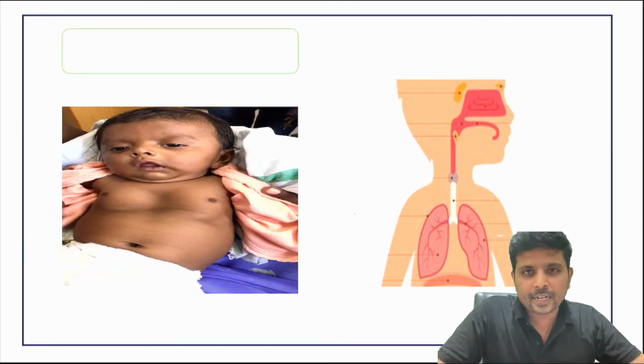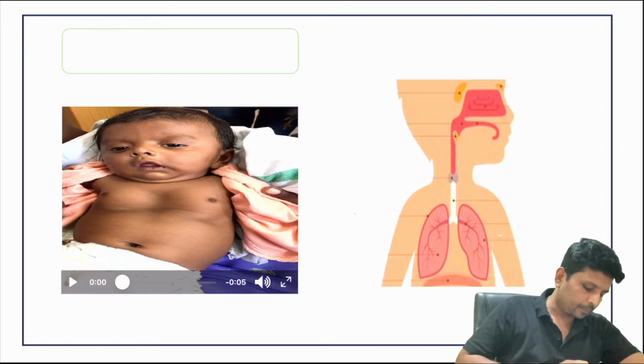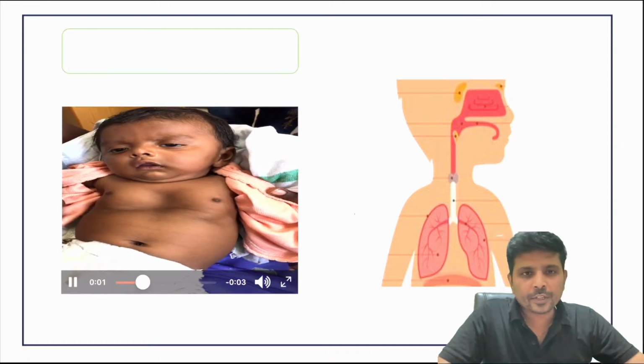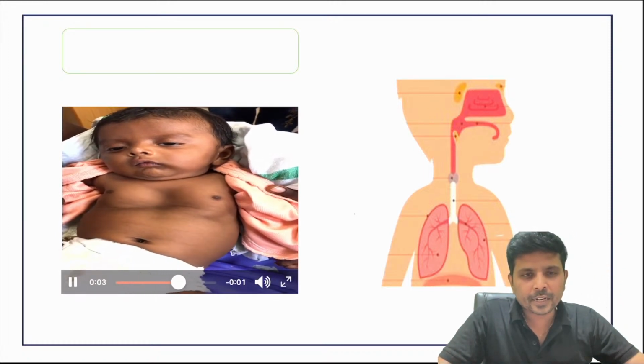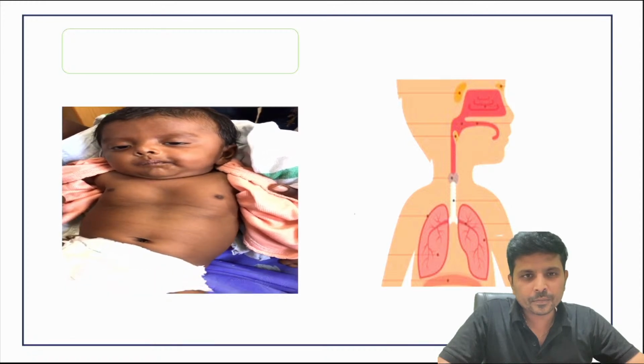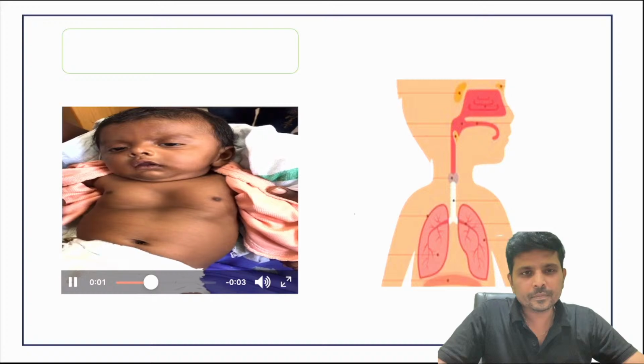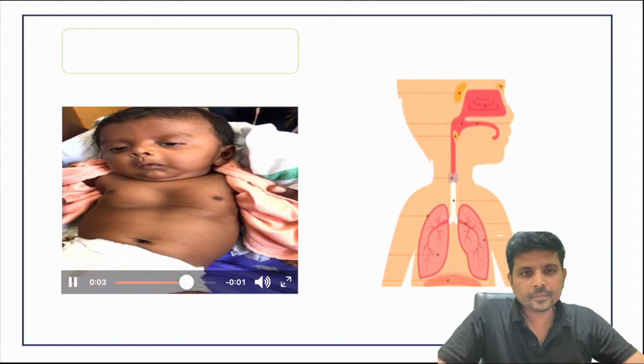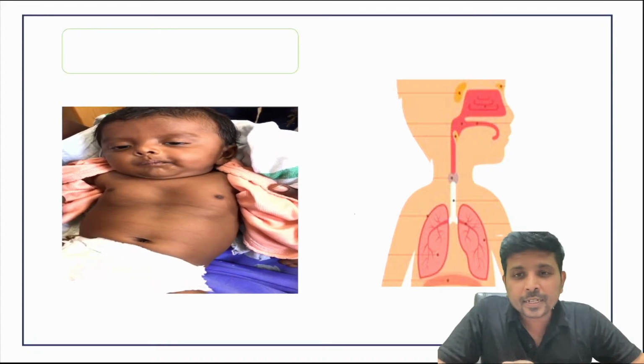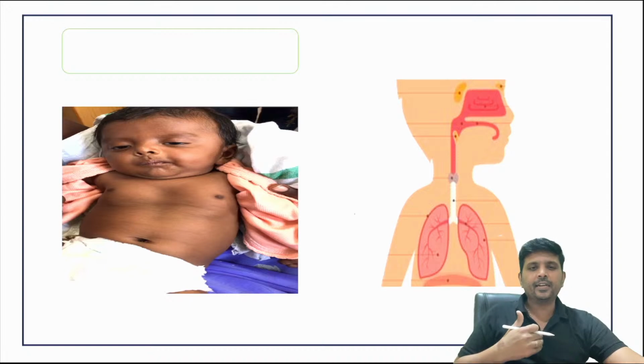What are these retractions? Let us see now. Look at this. Where are the retractions right now? Look at this. I repeat again, look at this. The retractions are mainly over the sternal region.